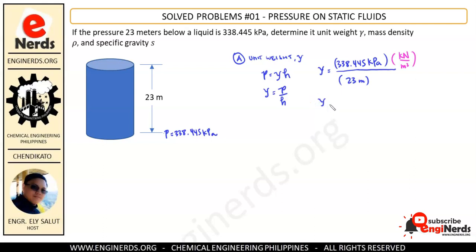Therefore, our unit weight is equal to 338.445 divided by 23 is equal to 14.715 kilonewton per cubic meter. So, that is our answer para sa first question.